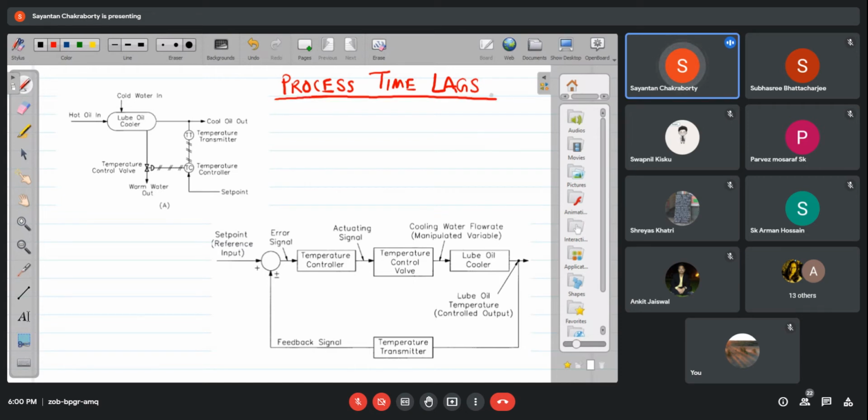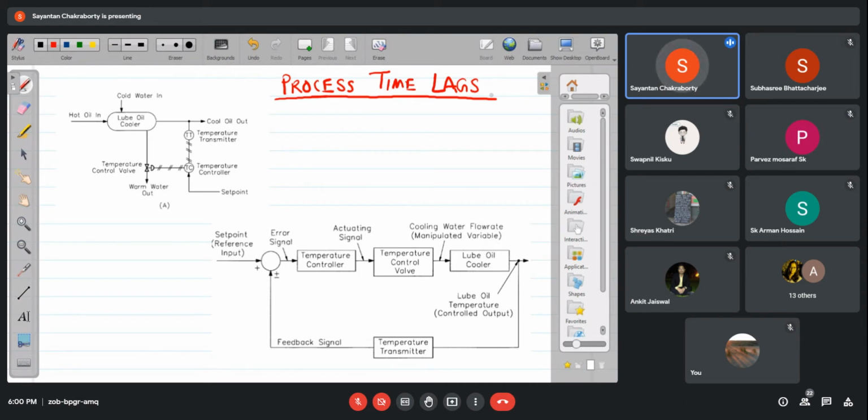I've already mentioned that in a process, time delay is there. There will be physical time delay or time delay due to other phenomena. That time delay means as soon as you make some correction, the result of that correction will not appear instantaneously. It will require a certain amount of time before the results can be reflected in the output. So that is called the process time lag.